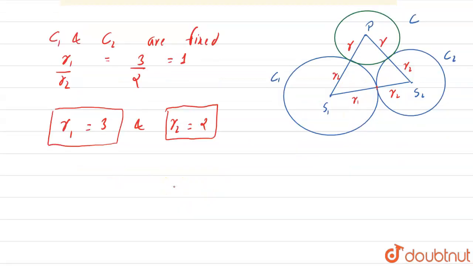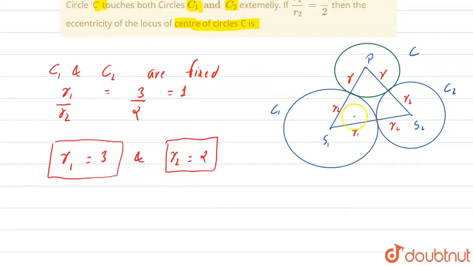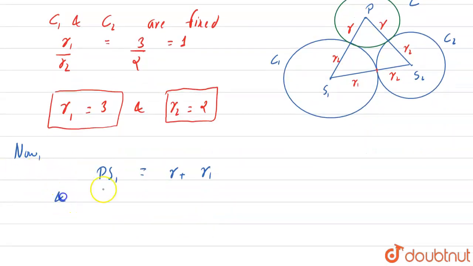Now if we see PS1, PS1 is the sum of these two terms, so it is R plus R1, and similarly PS2 will be R plus R2.